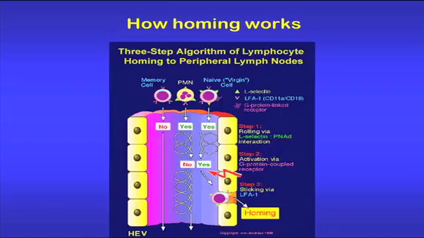Only the naive cell of these three is going to say, yes, I have the right selectins, yes, I have the right receptor for the chemokines that are displayed on this endothelium, and yes, I have the right integrins to interact with the integrin receptors, called CAMs, on this endothelium, so I can roll, I can receive the activation signal, I can arrest, and at that point I will then leave the vasculature and go into the lymph node, the process called homing.